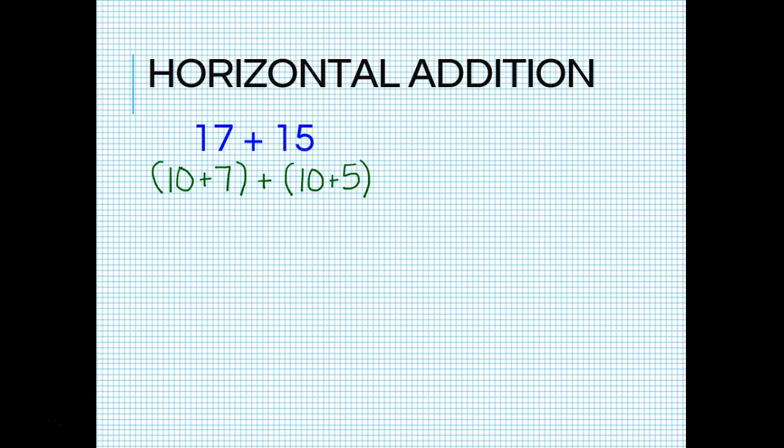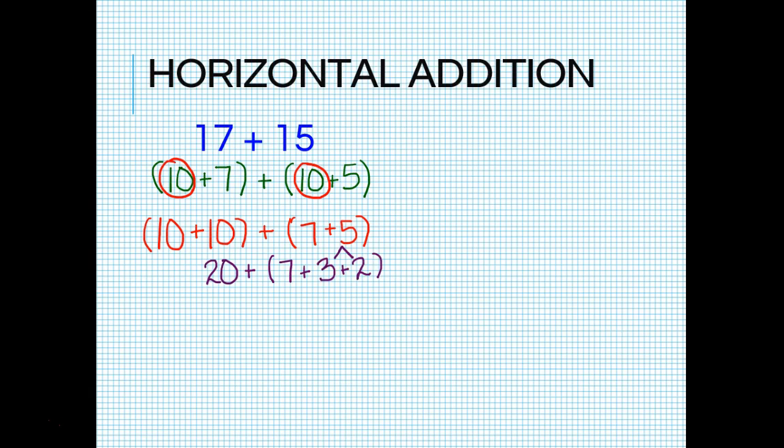Now I want to gather and combine my tens, so I'll regroup my tens and ones together in parentheses so that I'm left with 10 plus 10 and 7 plus 5. 10 plus 10 equals 20, but now I see that I can pull another 10 out of my 7 plus 5, so I'll break 5 up into 3 plus 2 so that I can combine the 7 and 3 to make a 10. I could have just as easily decomposed the 7 into 5 and 2. It's just a matter of what my brain saw first.